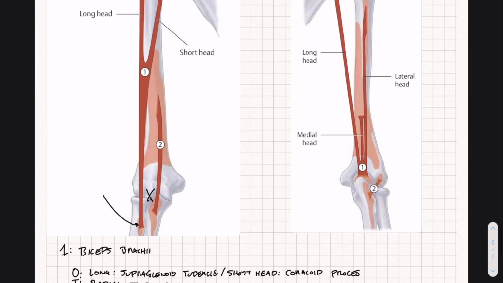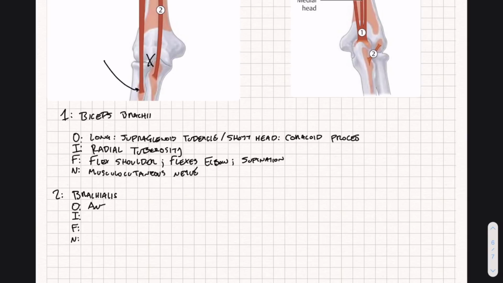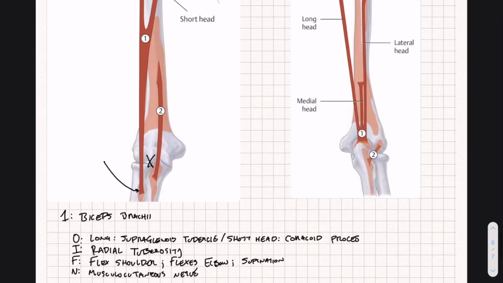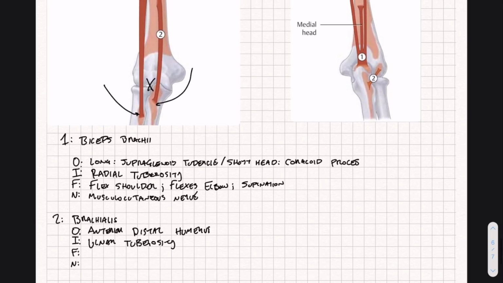Okay, to describe this origination, you can just say the anterior distal humerus. Anterior distal humerus, and you can see it's crossing. Here's the ulna, here's a tuberosity on the ulna, so it inserts onto the ulnar tuberosity. So the radius is the one that can allow for supination and pronation.